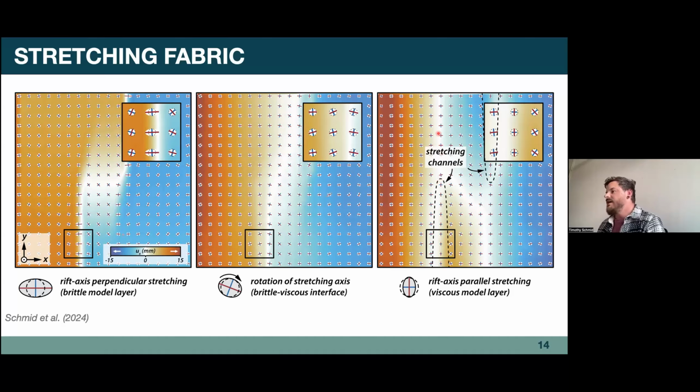However, if you look in the viscous domain, we see that the stretching axis rotates by 90 degrees. And that's exactly what we also see in the flow. But now, using these strain ellipses, we know for sure that this rift axis parallel flow is strong enough to create such a stretching fabric, which is perpendicular to the extension direction at the surface.